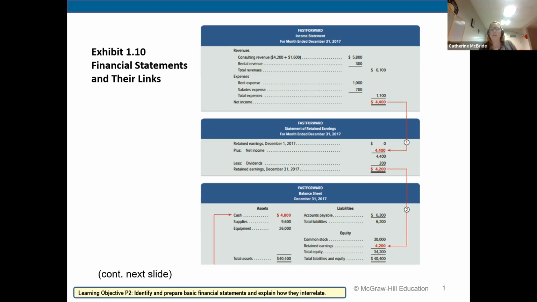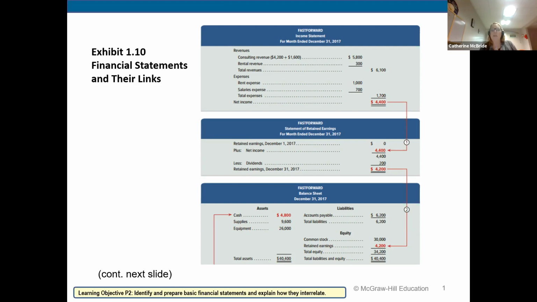So the statement of retained earnings is second. The backbone for the statement of retained earnings is beginning retained earnings plus net income minus dividends gives you your ending retained earnings. So the only way you can get retained earnings is from profitably operating the company, because retained earnings is tied to your income.